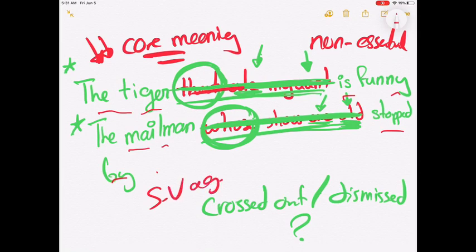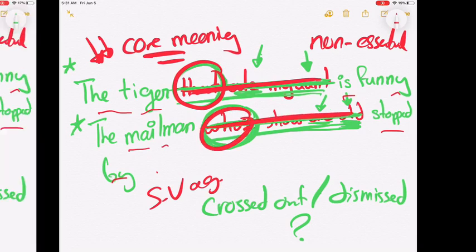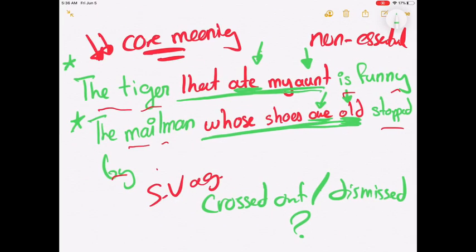But until then, of course, there's a little bit of grammatical inaccuracy here, to be honest. Like, that is usually essential, but for the sake of the SAT, you can just cross these out. Okay? It's also important here that we see why these are called adjective clauses.